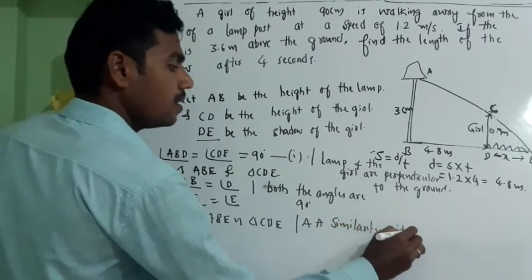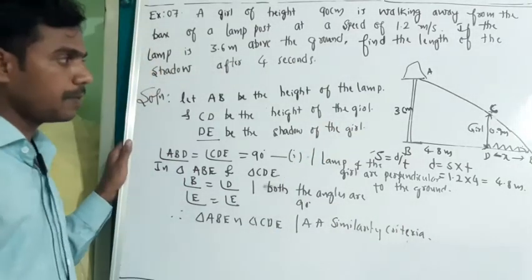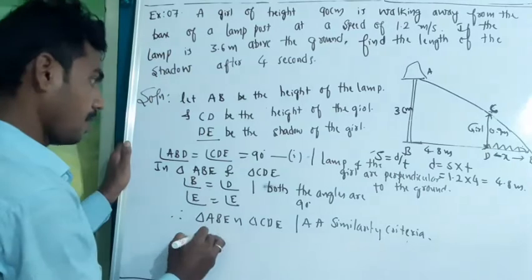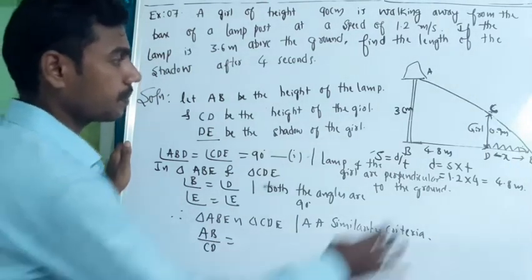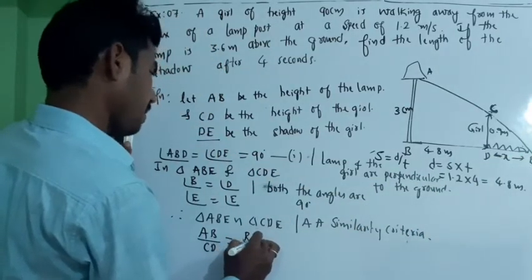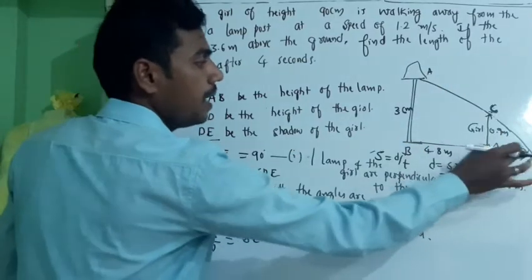If two triangles are similar, their corresponding sides are proportional. What can I write? AB by CD is equal to BE by DE.